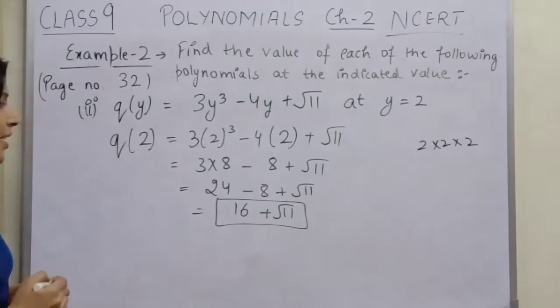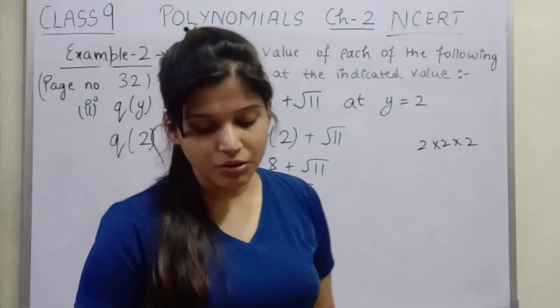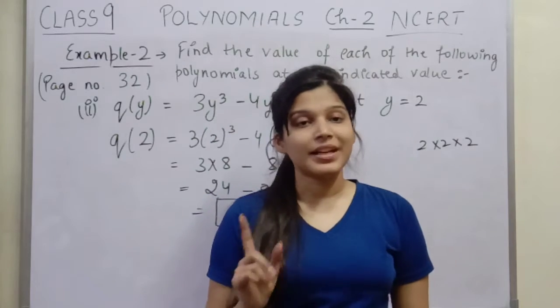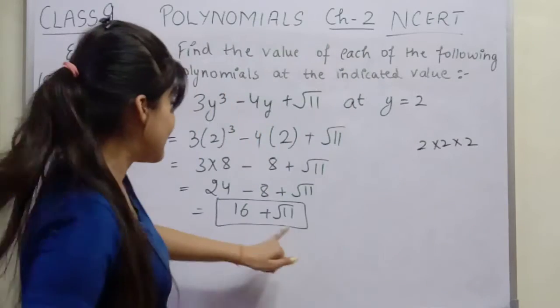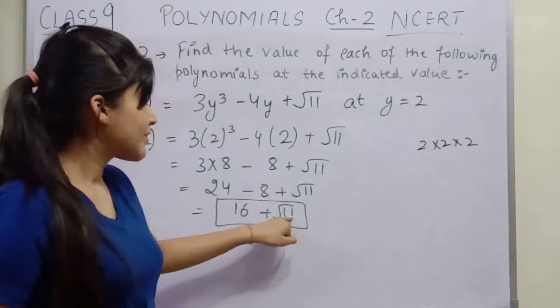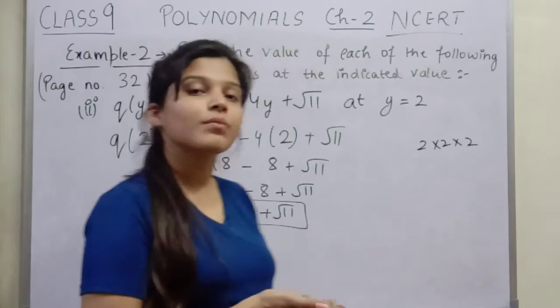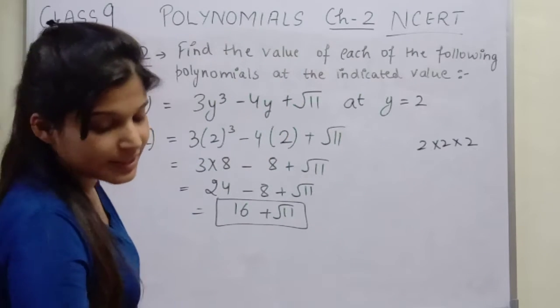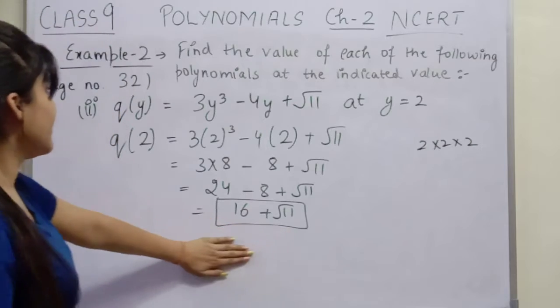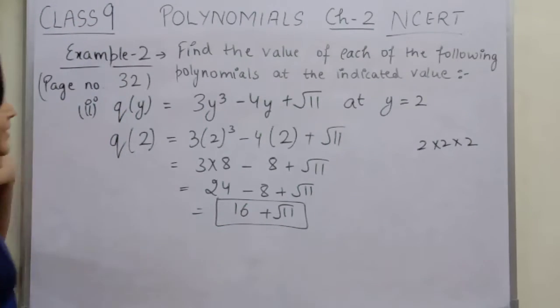So this is the answer now. Now we cannot solve this further. Look, we do not know the value of under root 11 and this is also not the square of any number, so we'll leave it. So the answer is 16 plus root 11. This is the answer for our second part.